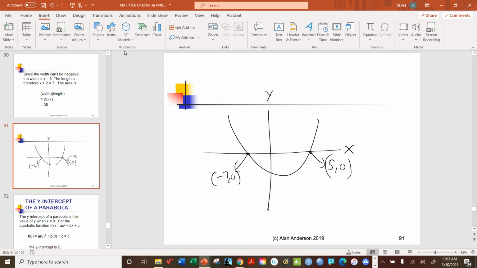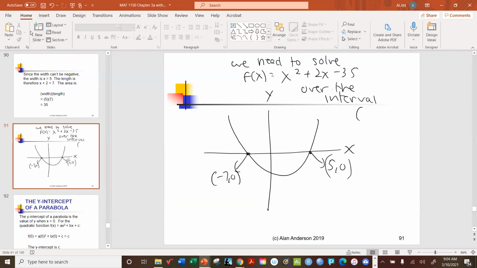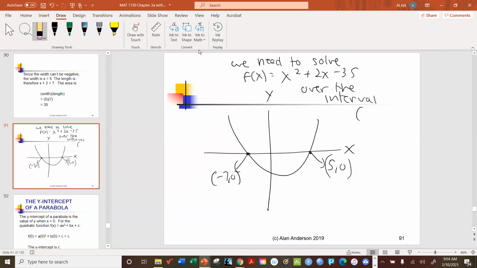So you could almost say that we need to solve f of x equals x squared plus 2x minus 35 over the interval from 0 to infinity, meaning that we're going to disregard anything on the negative, left-hand side.